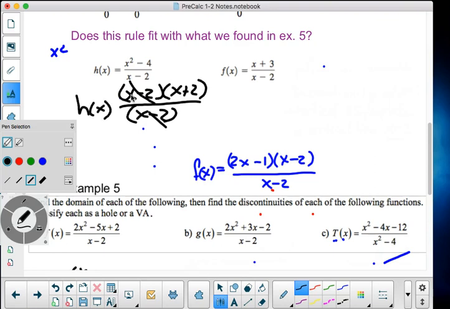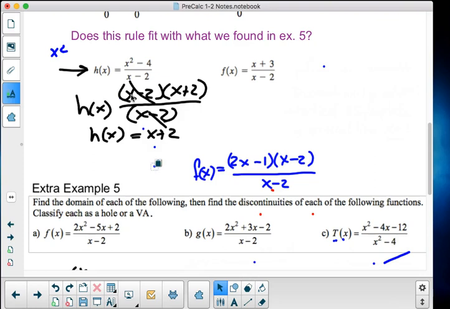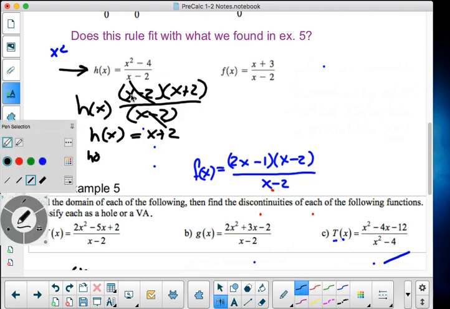If I wanted to graph h of x, I put this in y1, and then put my new h of x, x plus 2, into my graph, it should be the exact same graph. That's how I can check to make sure I reduced it correctly and found the hole correctly. After I determine that it has an issue at 2, I will have a discontinuity of my hole. I took that out. So I have a hole at 2, 4, and it's called a removable discontinuity.